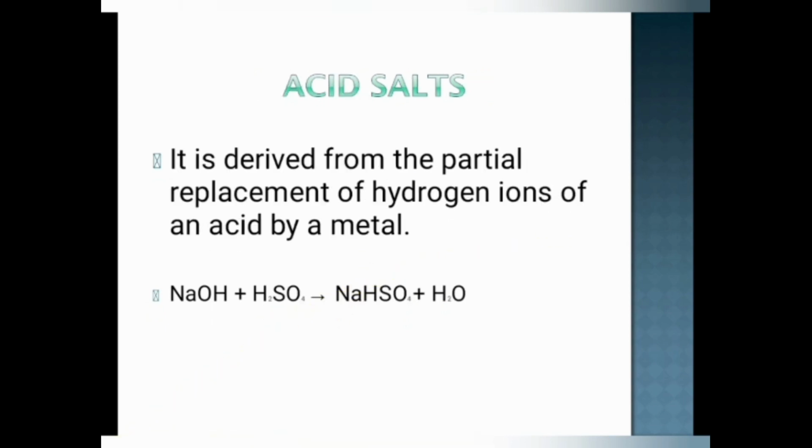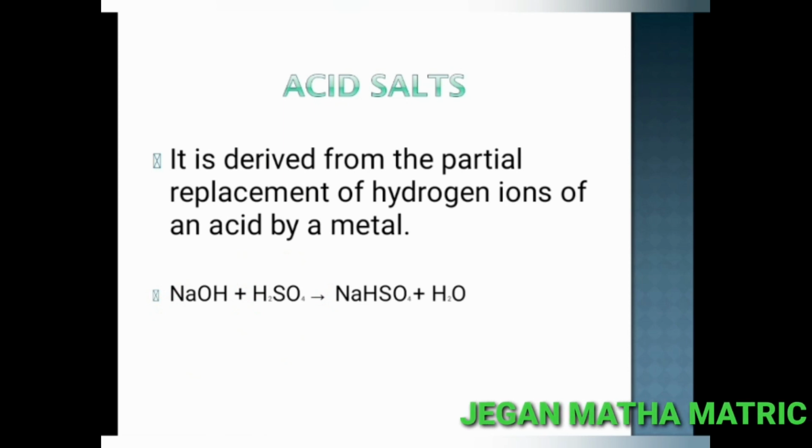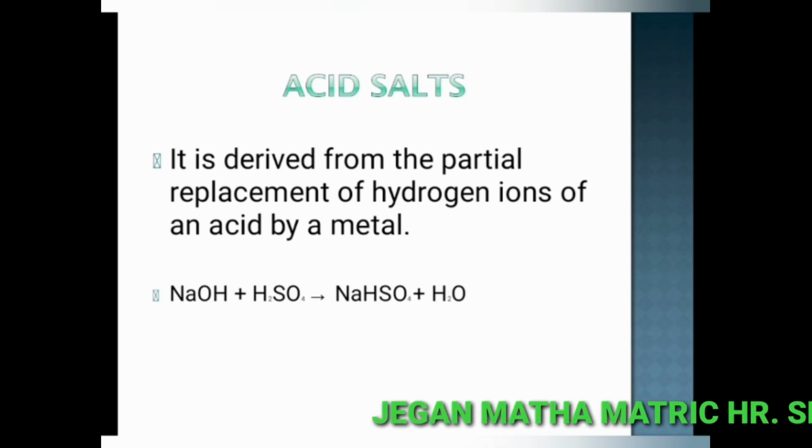So next type is acid salts. It is derived from the partial replacement of hydrogen ions of an acid by a metal. For example, sodium hydroxide is a base, then sulfuric acid reacts with sodium hydroxide, gives sodium hydrogen sulfate and water. So here is partial replacement of hydrogen ions.